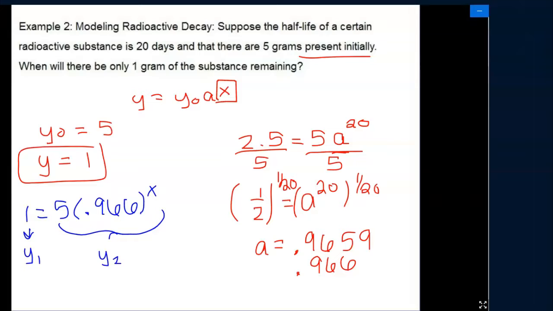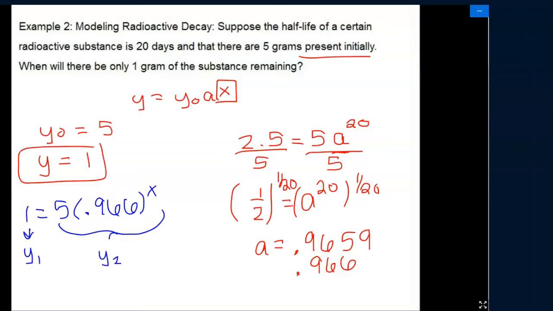And then I'd go to second trace. Now you're going to go to option 5, which is intersect. You'll move to the first curve where you think they hit, the second curve where you think they hit, and then you guess.